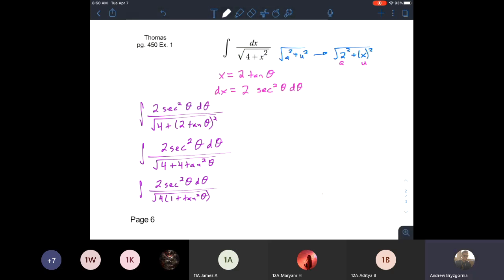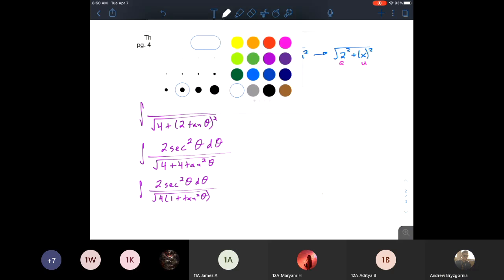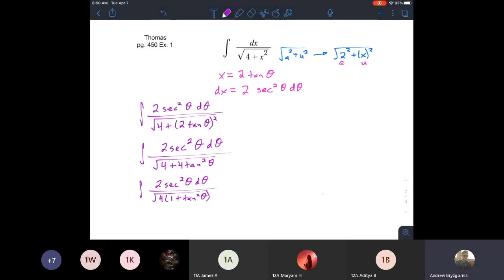And like I was hoping, we are going to be able to use one of the Pythagorean identities, because I see that 1 plus tangent squared is going to be substituted by secant squared.